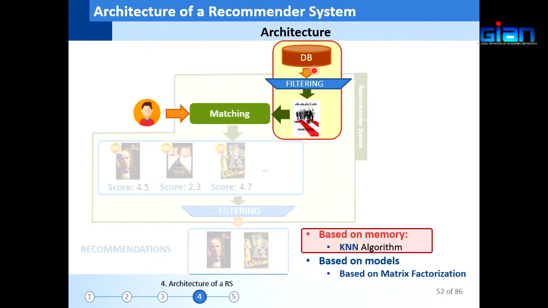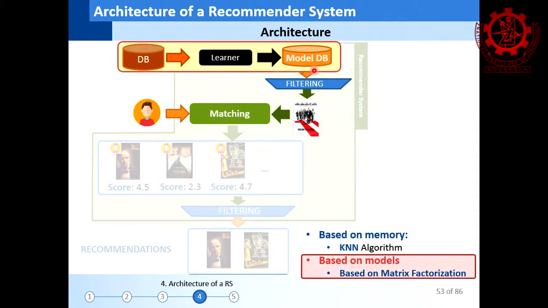When we implement a system based on memory, we have this architecture, so we have this process. But when we are working on a recommender system based on models, we have a new process called the learner, in which we try to find out the parameters of the model.